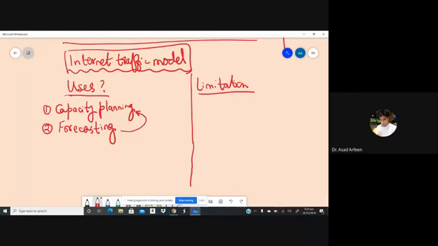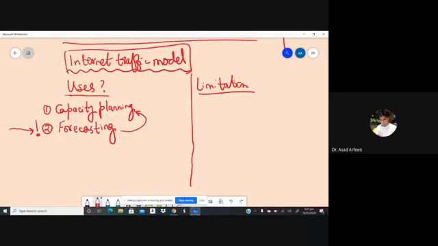Some of the models have the capability to forecast, and most of the models, I tell you, Junaid, do not have the ability to forecast. So forecasting is something very challenging. Not all internet traffic models are able to forecast traffic, and there are some reasons which we will discuss later. So again, thank you very much.